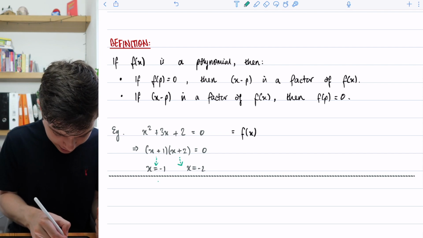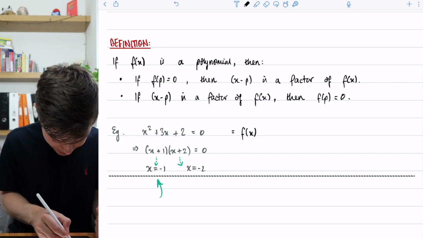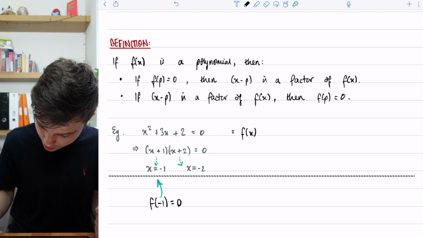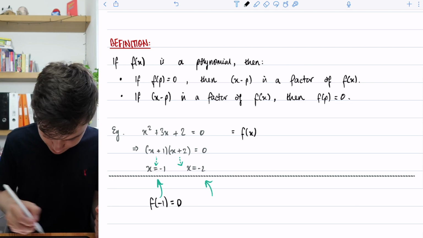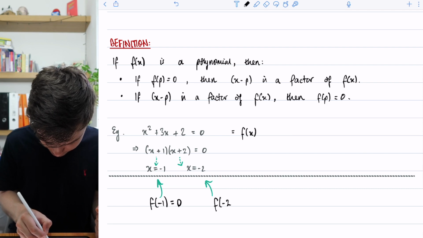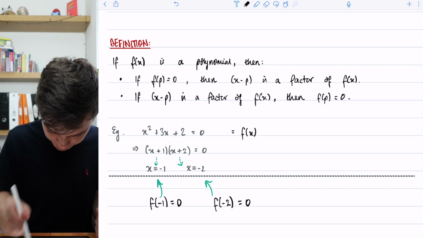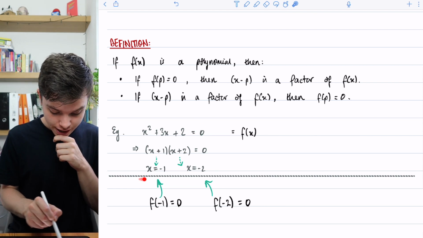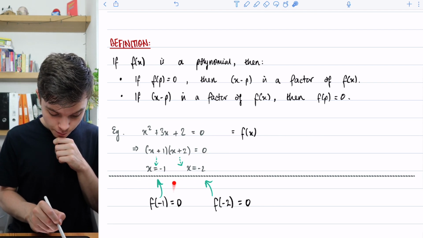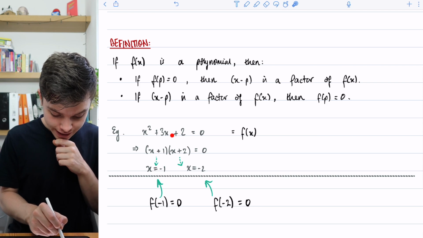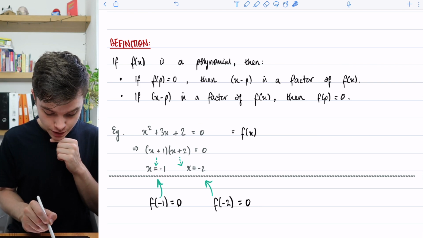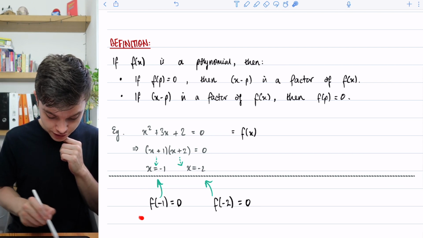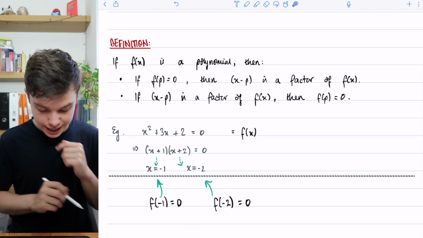So what I'm saying here is that f of minus 1 is equal to 0, and here I'm saying f of minus 2 is equal to 0, because we know when we set the quadratic equal to 0, these are our two solutions. So when we substitute minus 1 into the quadratic, we get 0, and when we substitute minus 2 into the quadratic, we get 0. That's all these two little statements are saying down here.